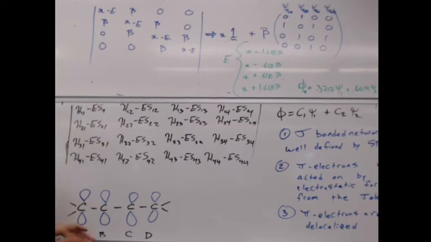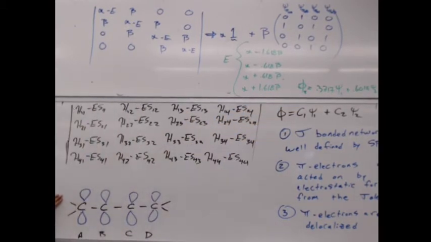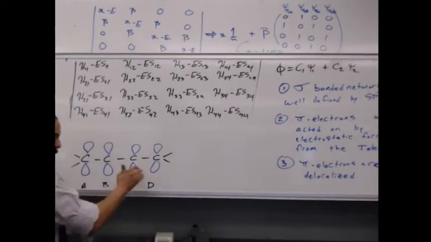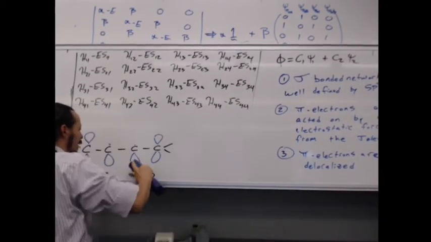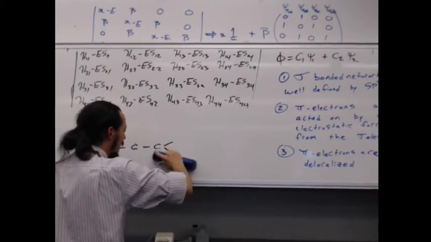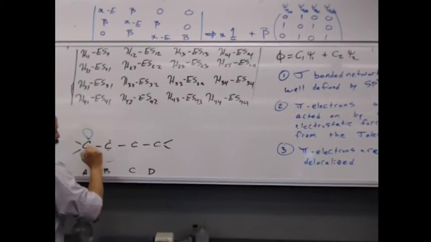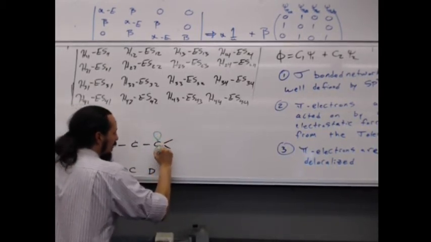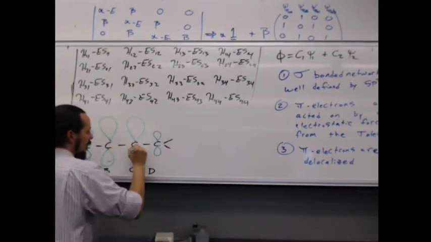So if I wanted to represent this on a picture that has my different carbons, I would essentially say, look, all of these are going to be pointing in the same direction. The first and the last one are a little bit smaller, and the middle ones are a little bit larger.